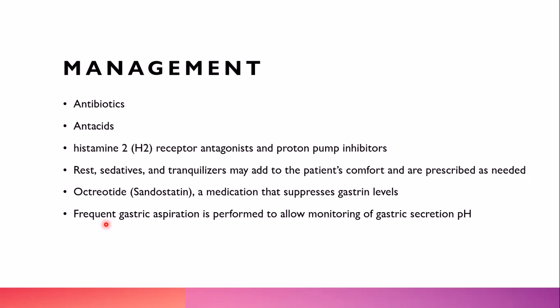So here we can perform gastric aspiration the same way we aspirate the gastric content in case of an NG tube. After putting in an NG tube, we take a 10 ml or 20 ml syringe, then we aspirate the content, and that content has to go for laboratory testing to see what the pH of that gastric content is. Okay. Now, the surgical management.